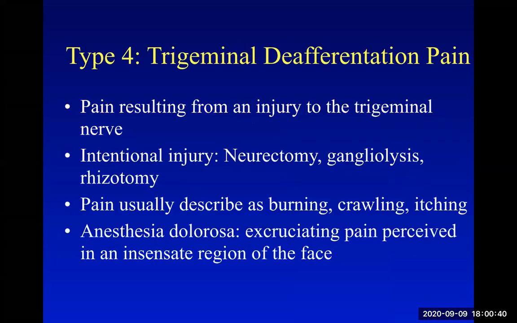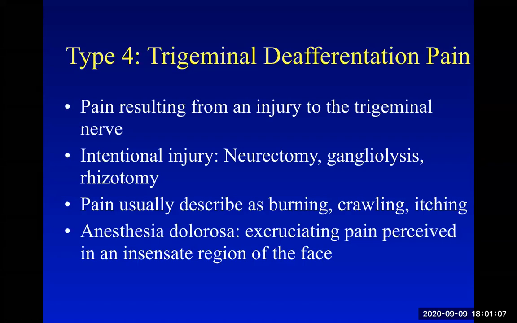So type 4 pain is trigeminal deafferentation pain. If you remember, type 3 was pain that resulted from some sort of trauma or maybe a surgical procedure, and the trigeminal nerve was just an incidental bystander in that situation. Type 4 pain means a direct injury to the trigeminal nerve itself from a prior procedure on the trigeminal nerve.